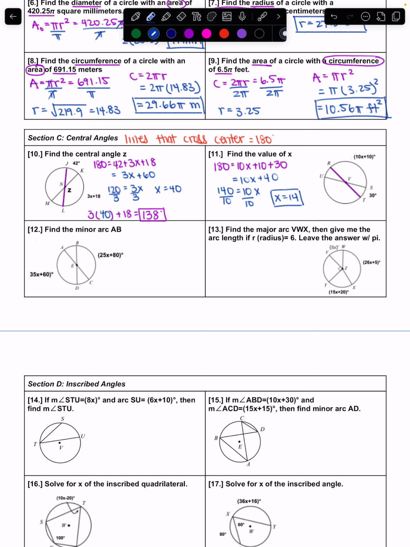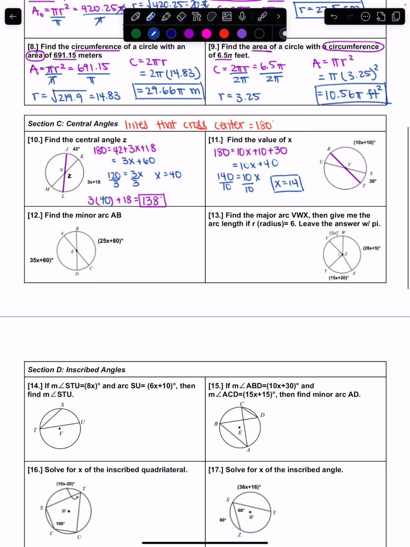Perfect. Okay, so number 12 is where we start getting into the difficult part of section C. Instead of being asked what angle or what the value of x is, we are asked what the minor arc is. So just to recap, a minor arc is less than 180 degrees, and it's denoted with 2 letters. So in this case, it's this portion of that circle.